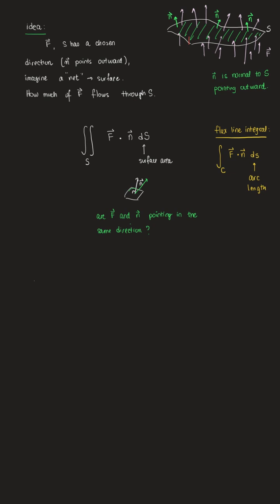Here, this right now is not a curve, it's actually a surface S. If the normal that we choose is oriented outward this way, and we have a little vector from our vector field that looks like that, since this is a dot product and the angle between our normal and the vector field is less than pi over 2, then we should expect that the contribution for this little patch of surface of the dot product between F and N will be positive.